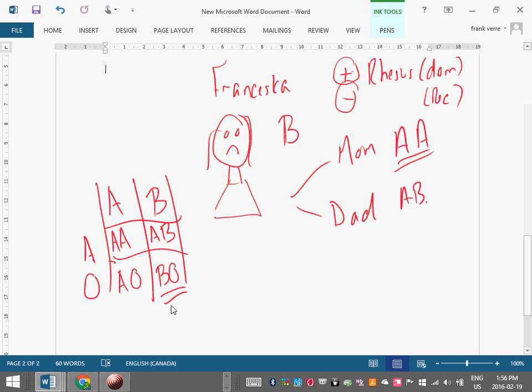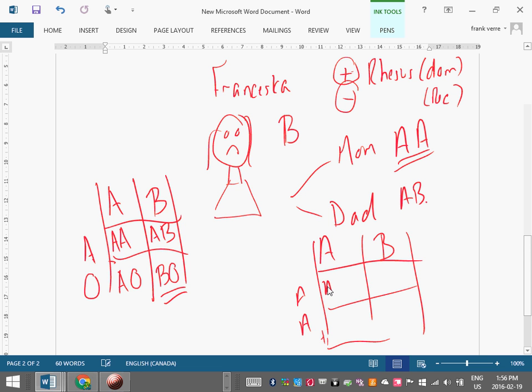So let me explain why your mom cannot be AA. Because if she was AA, then if you did the Punnett square, you're either going to be A or you're going to be AB. How do you know her mom has an O?